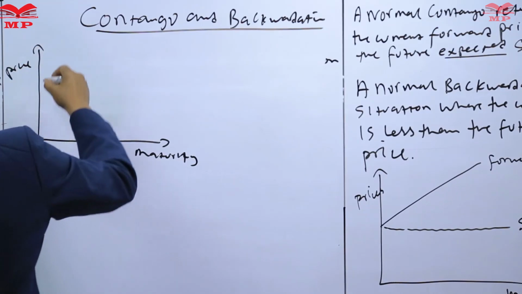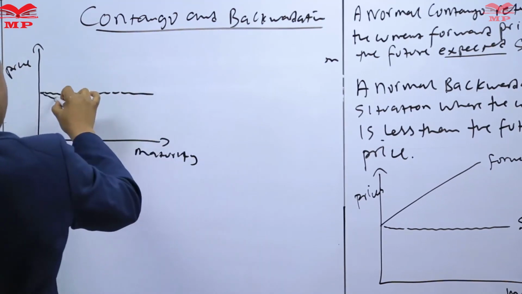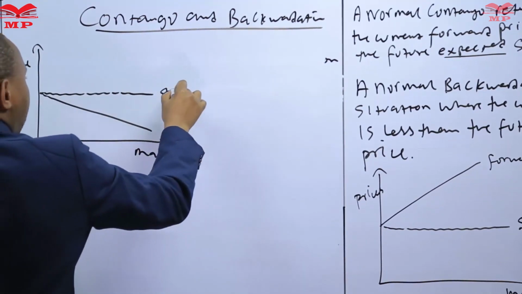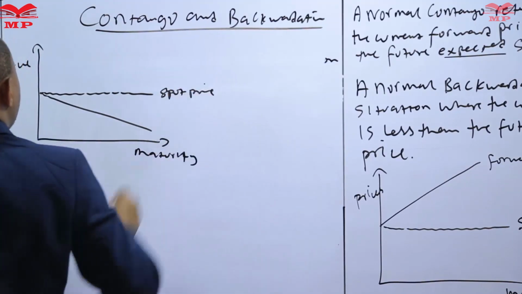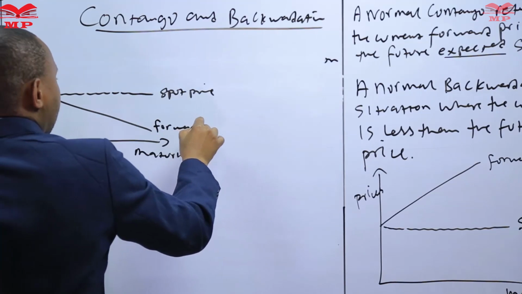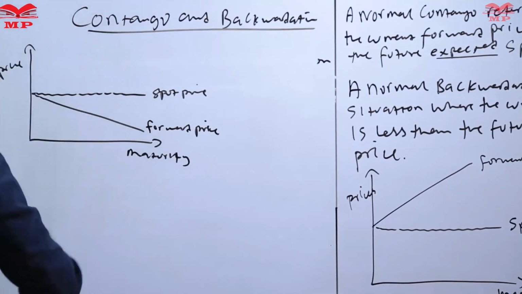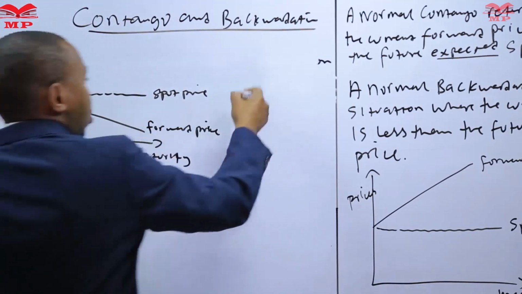Here we have the spot price existing like that, and this is the forward price. So this we're saying is backwardation.